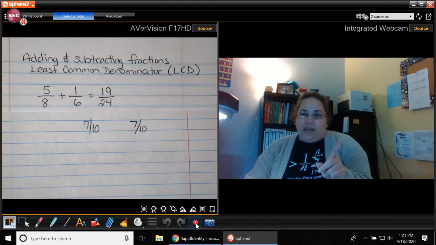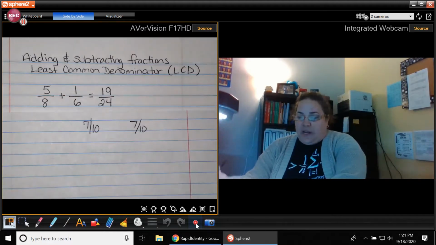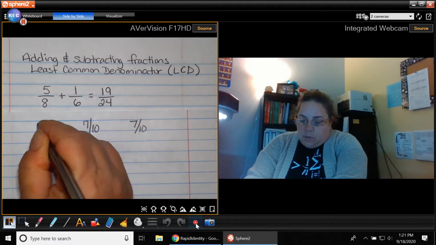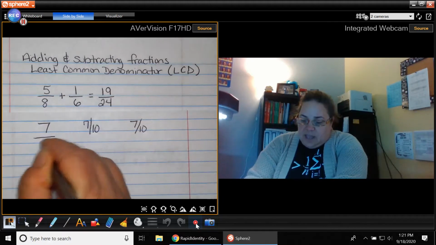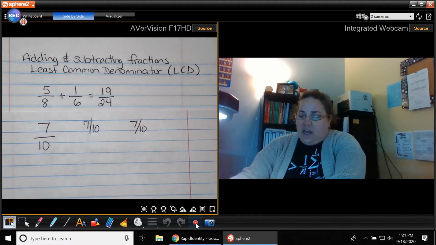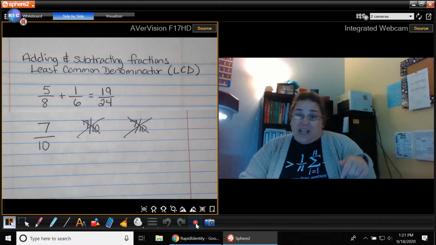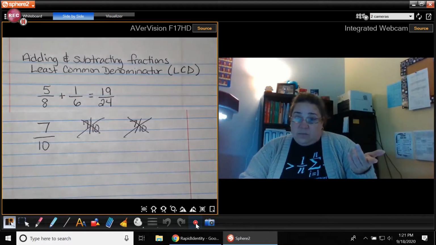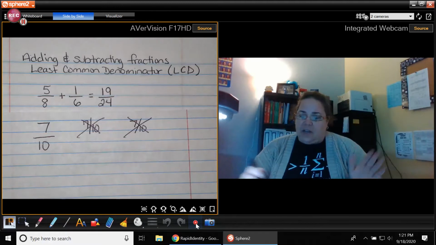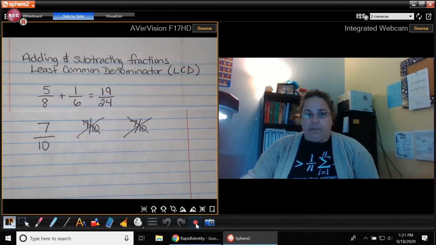We don't do that. Fractions are always straight, okay? So the only way to write that fraction is like this. If you write fractions like this and you're in my class, I'm going to count it wrong, because you don't write a fraction like that. You write a fraction like this, okay?